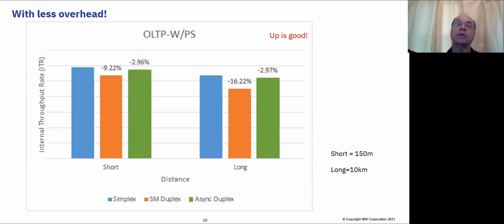And that's true whether it's short distance or, in this example, long distance up to 10 kilometers. So if we're comparing the orange bar with the green bar, in this case, up is good because we're losing fewer transactions over time in our overall throughput rates. So it's worth doing all this work.